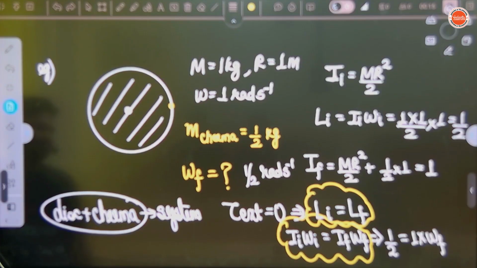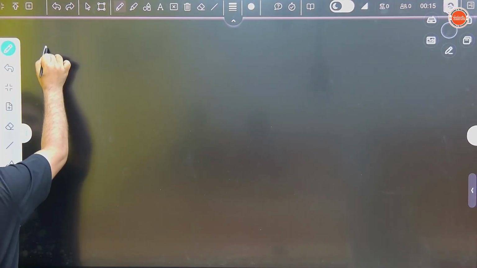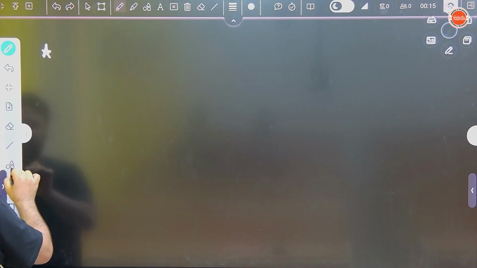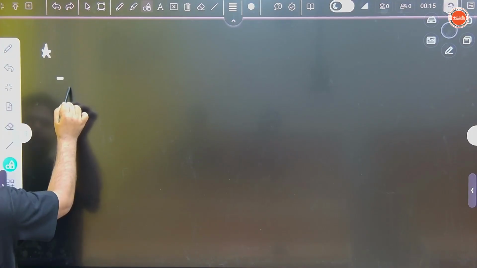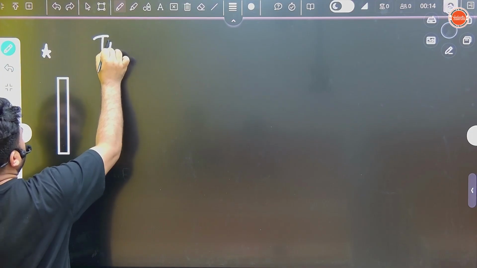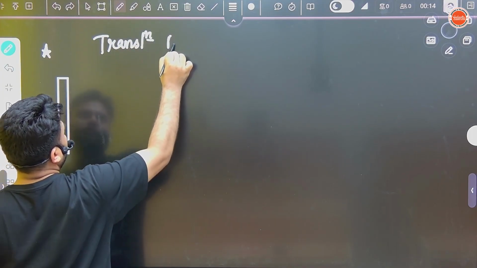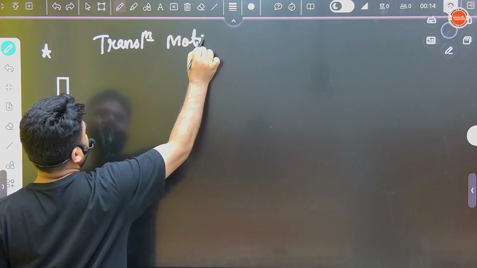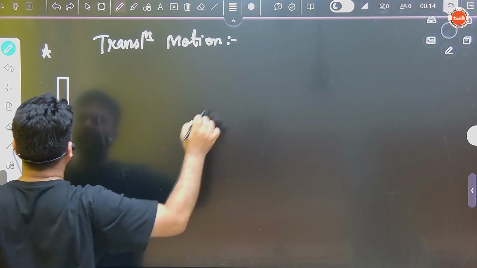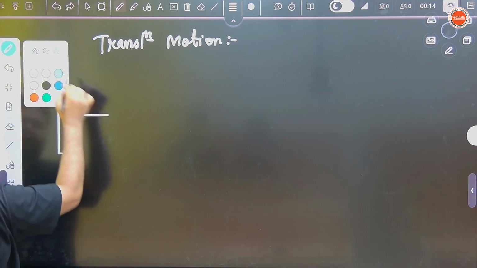Now see, there are some kinds of motion, which we call translation motion. What is translational motion? Suppose this duster is going with velocity v.